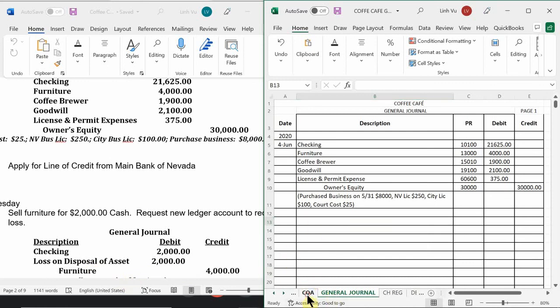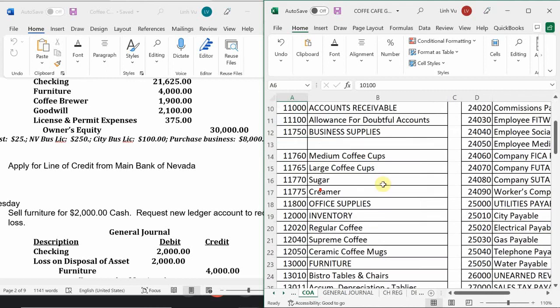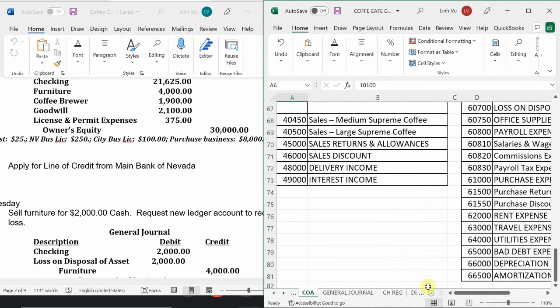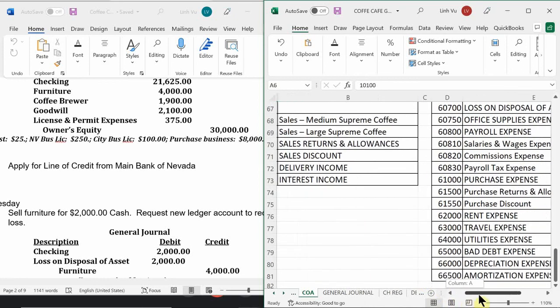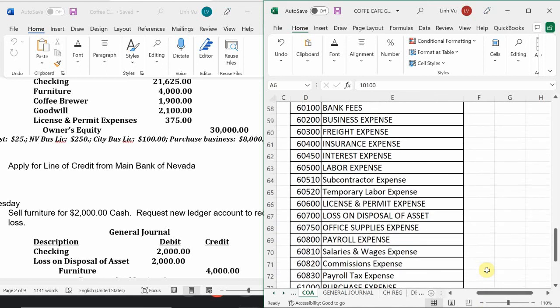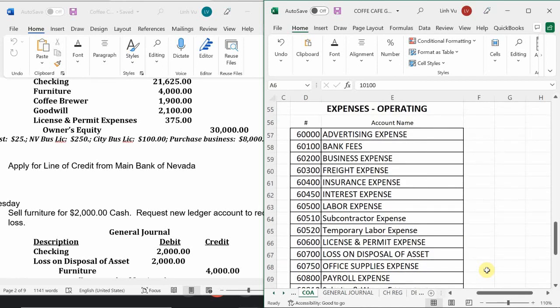Do I have a loss on disposal of asset? Because for sure I know I have a checking account and a furniture account, but do I have a loss on disposal of asset? In this case, I do: 6,700.